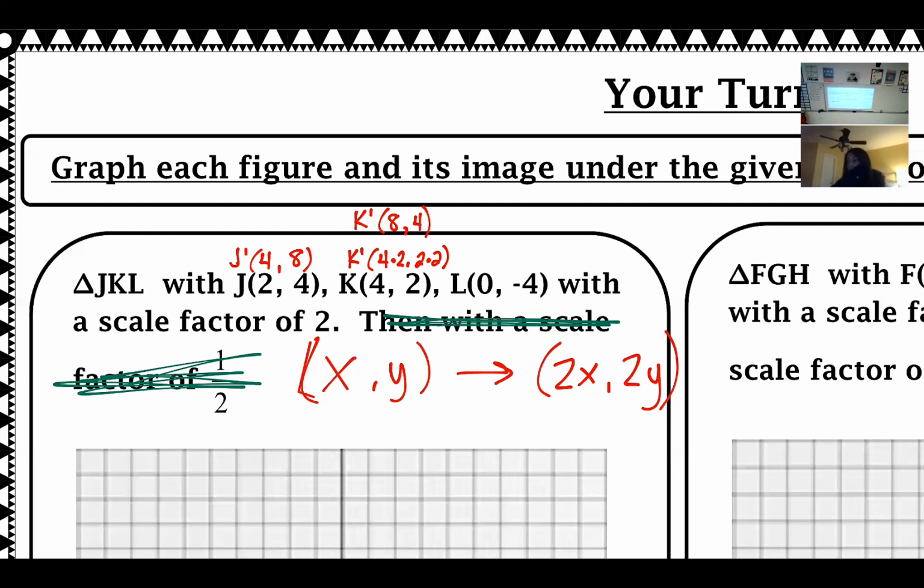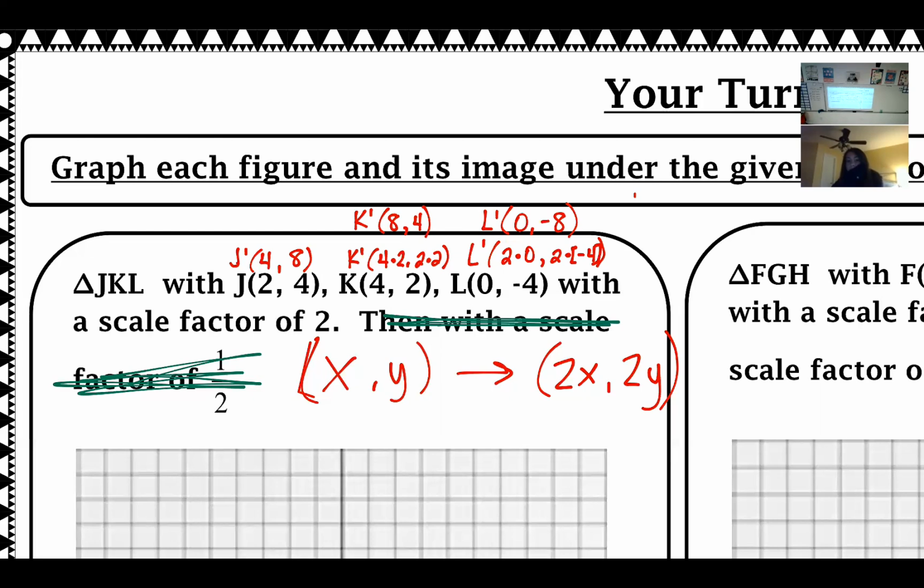And then we got old L prime over there, where we've got scale factor of 2 times 0 and 2 times -4. Two times 0 is? Any number times 0 is always 0. What about 2 times -4? -8.